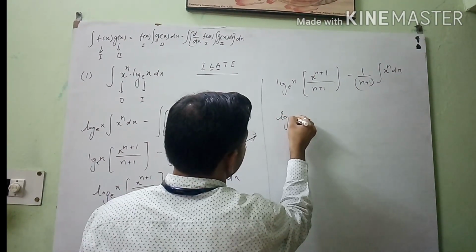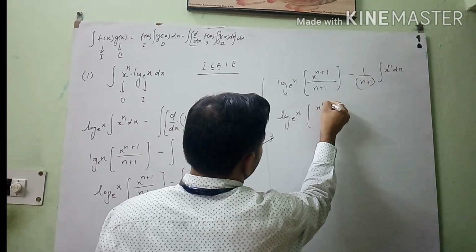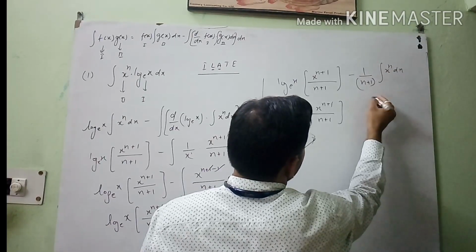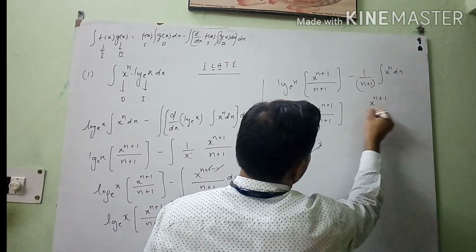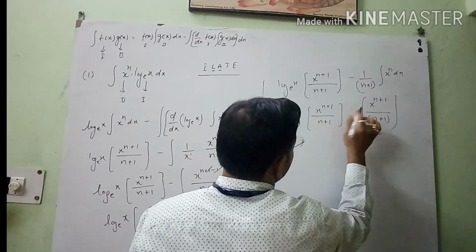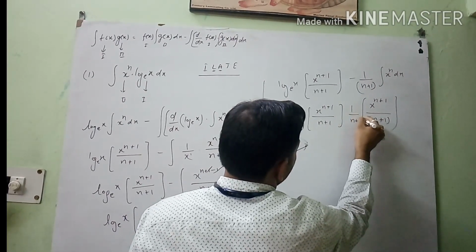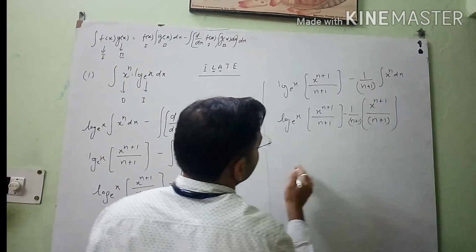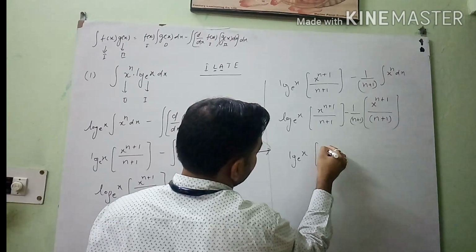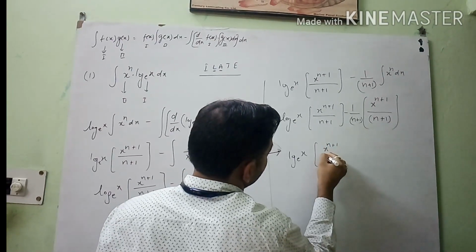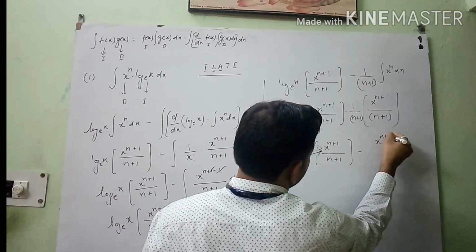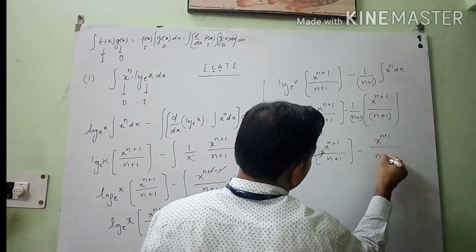So the final solution is x raised to the power n+1 over n+1 into the solution for this, x raised to the power n+1 over n+1, but the outside value we have is 1 over n+1 with this negative sign. So we can say that the final answer is x raised to the power n+1 over n+1 minus x raised to the power n+1 over n+1 whole square.